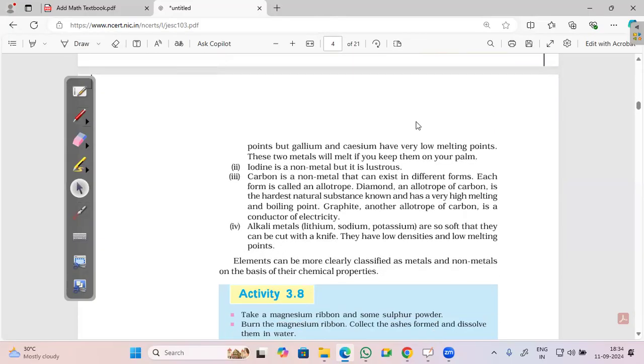Second, gallium and cesium have very low melting points. Cesium is a very soft metal.